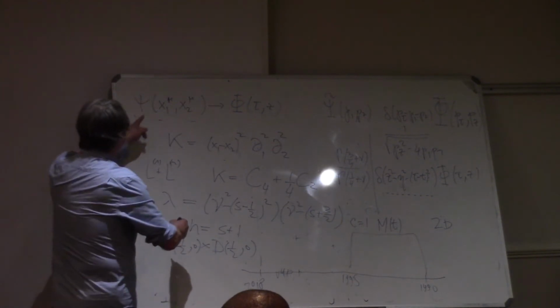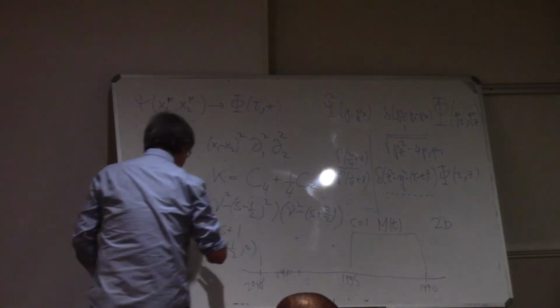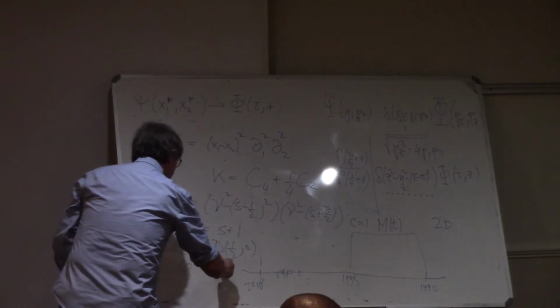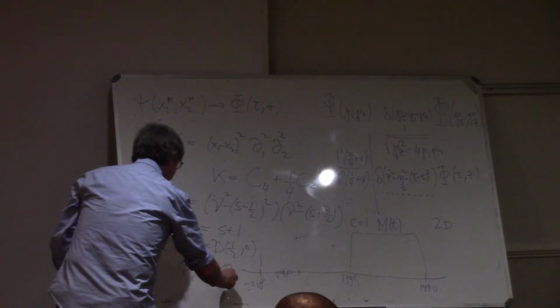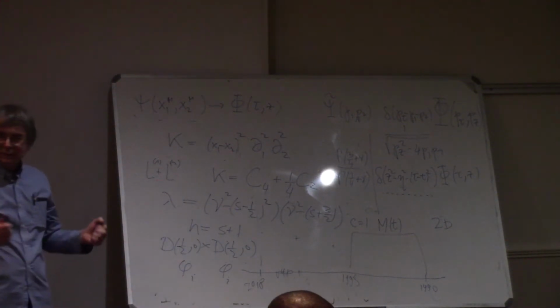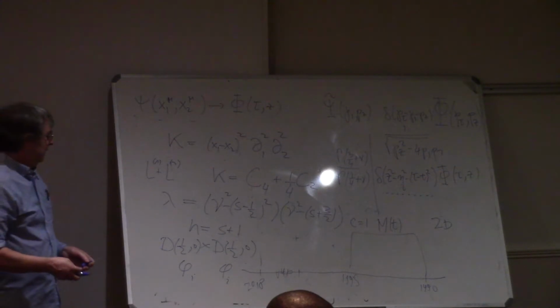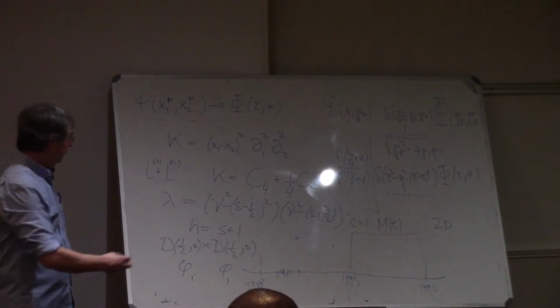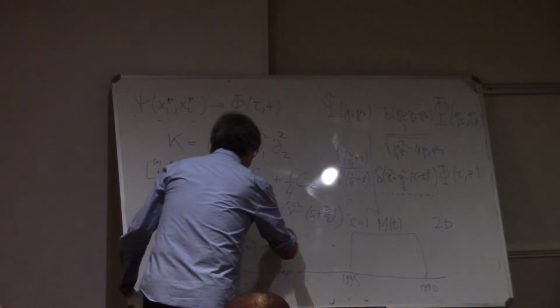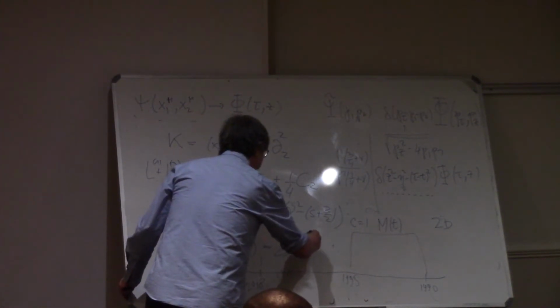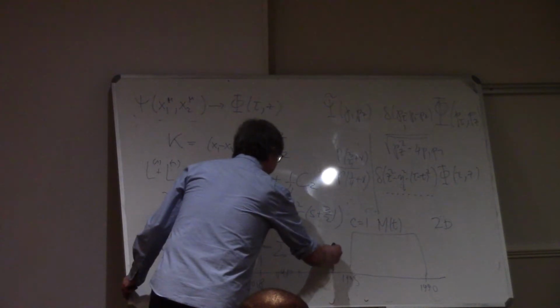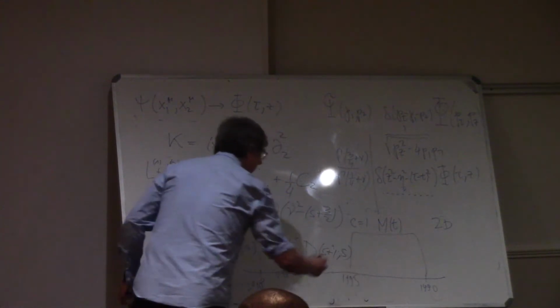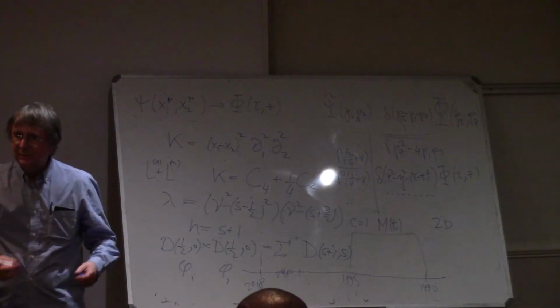That corresponds to phi and phi. And I had phi i and phi i joined together in this bilocal. And then the Laplacian for the bilocal was this formula. It said that the representations which appear in the direct product are basically d, s plus 1. So this Laplacian knows about it.